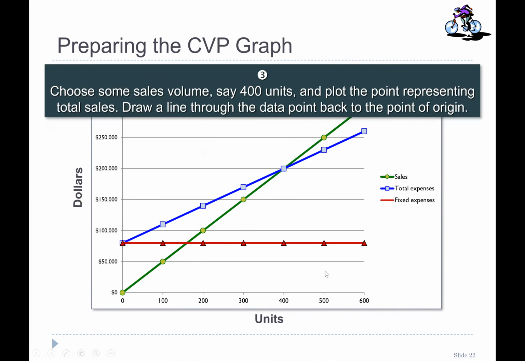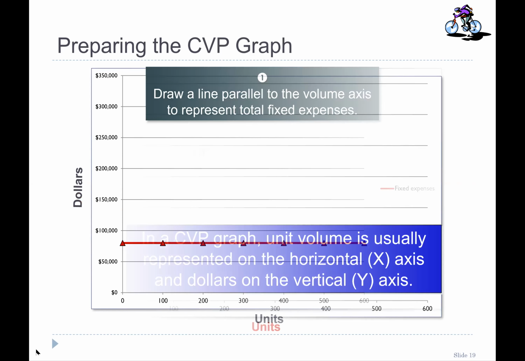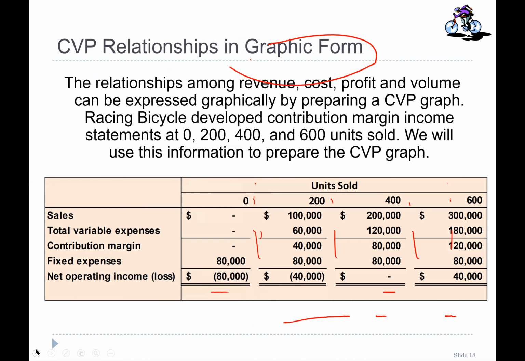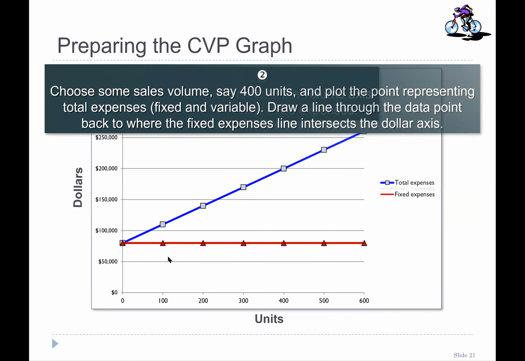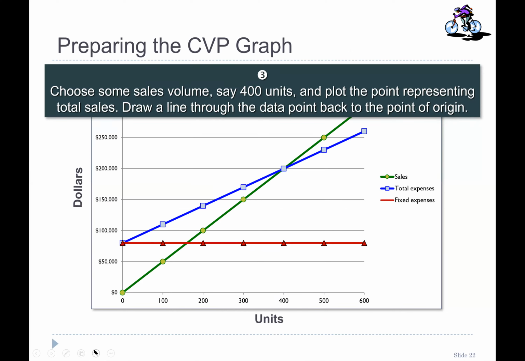But if we draw the profit line, this is profit against the unit 0. On 0, 80,000 is loss. On 200, 40,000 is loss. So if you draw the profit line as well, because we don't have the negative numbers, we just start from 0.